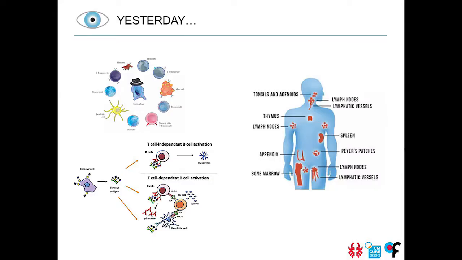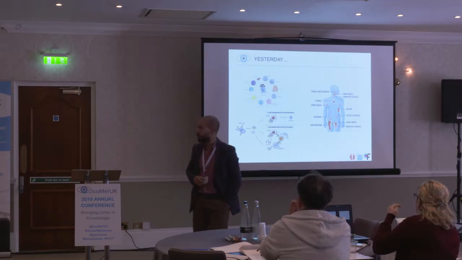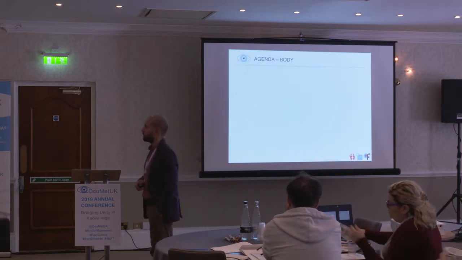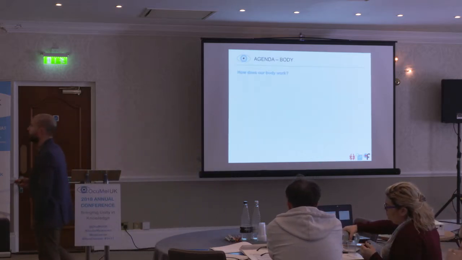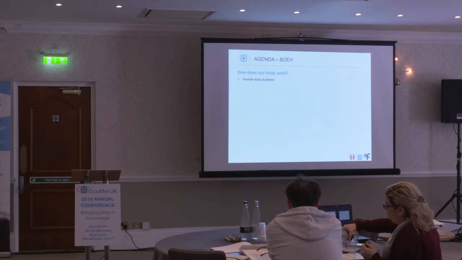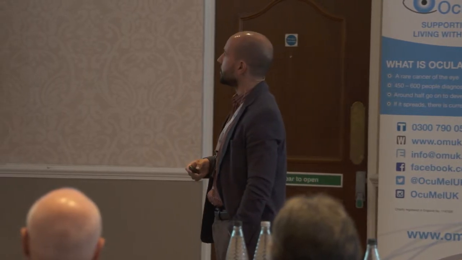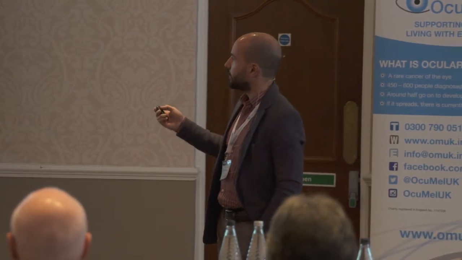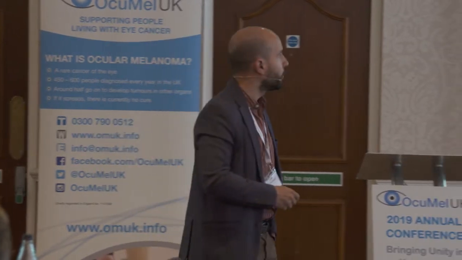We talked a little bit about cells and the immune system yesterday, and today we will have a picture of how organs are integrated in the production of these cells, the immune system and immunity itself. So our agenda is how our body works, going through the human body systems, specifically the cardiovascular and lymphatic systems, and then the hepatic function and the enterohepatic circulation, because the liver is very important in uveal melanoma, as you know.